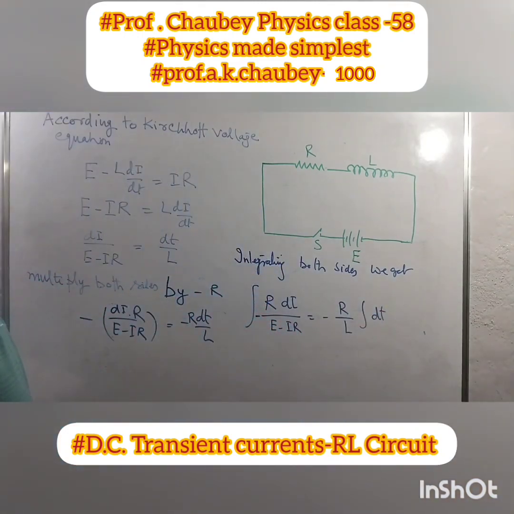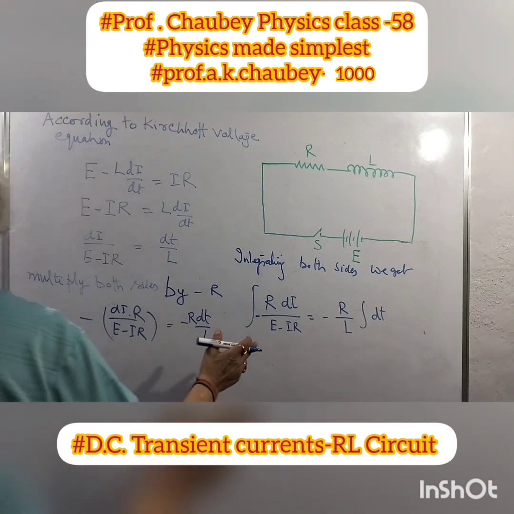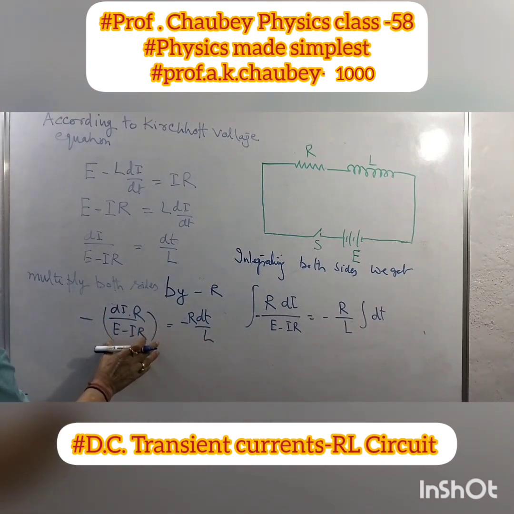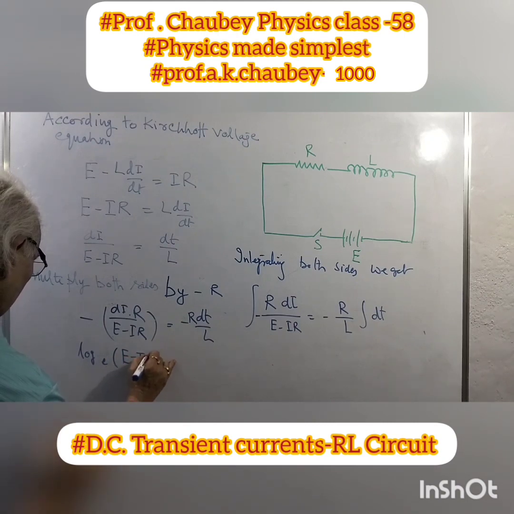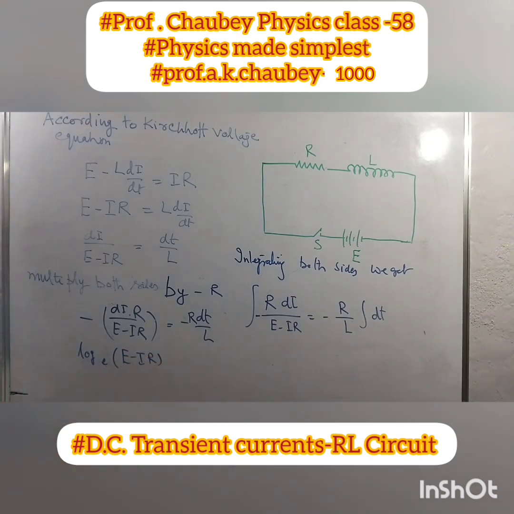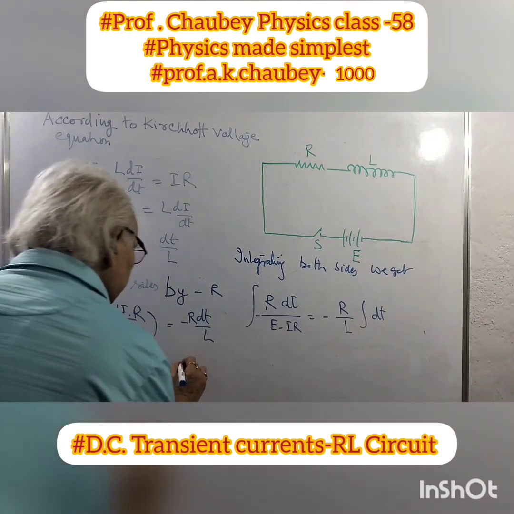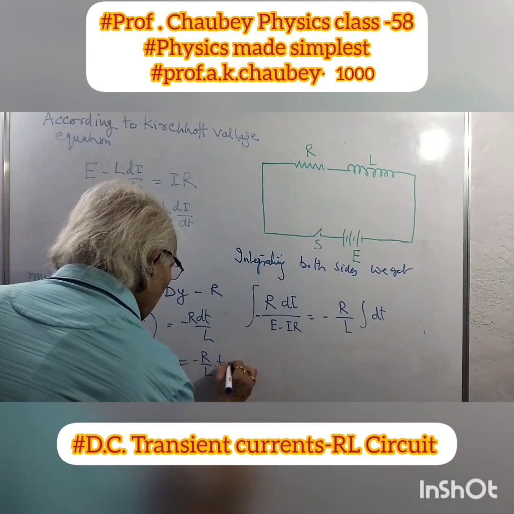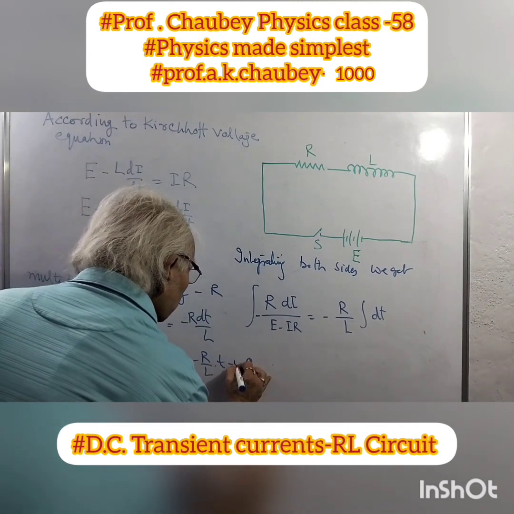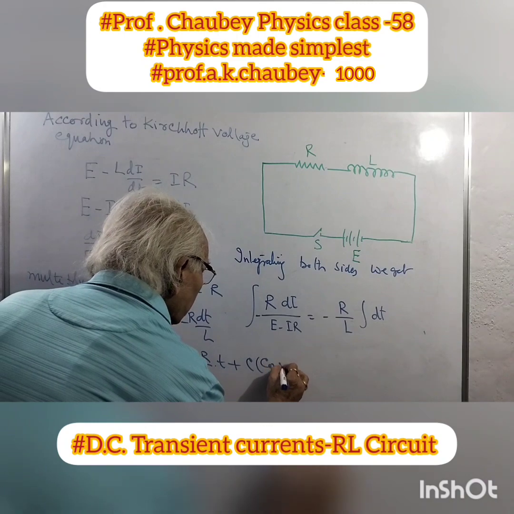When we integrate this, we get the log on the base e, or ln, of E minus IR. And on this side, minus R over L into t plus a constant of integration.